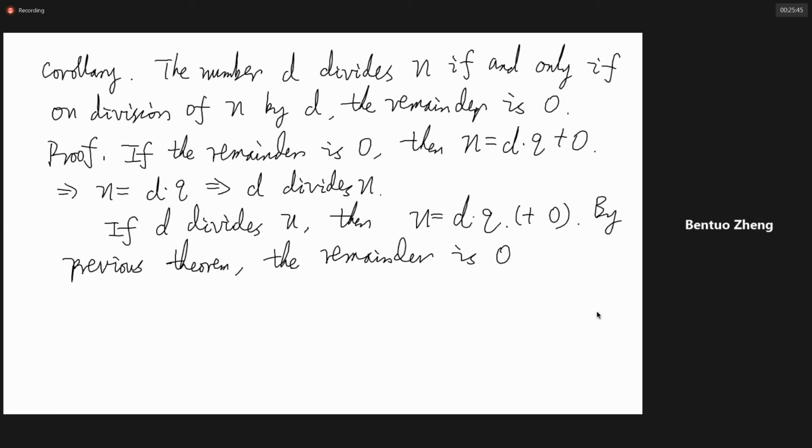So once the remainder is well defined, we have a notation.